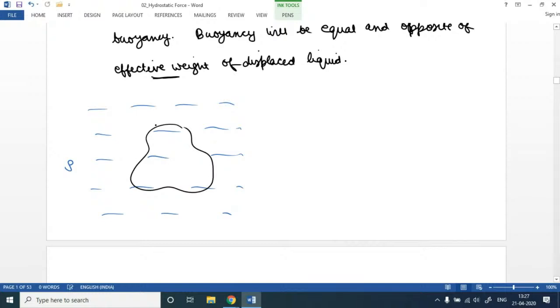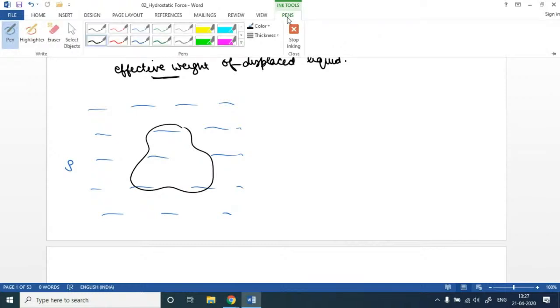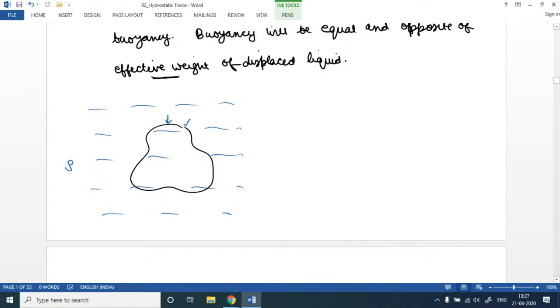So we have already understood that the liquid will be exerting some compressive force on it from all around. So the net of this force is nothing but buoyancy. Net force exerted by the liquid on the submerged body is same as buoyancy. Basically both are same thing.